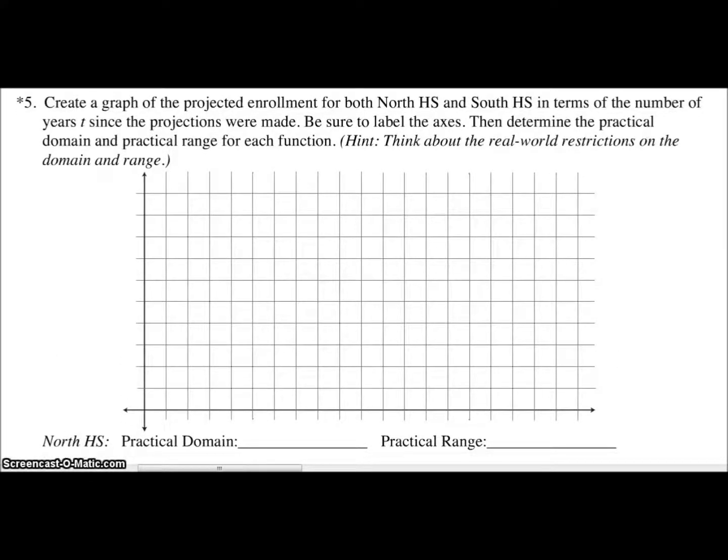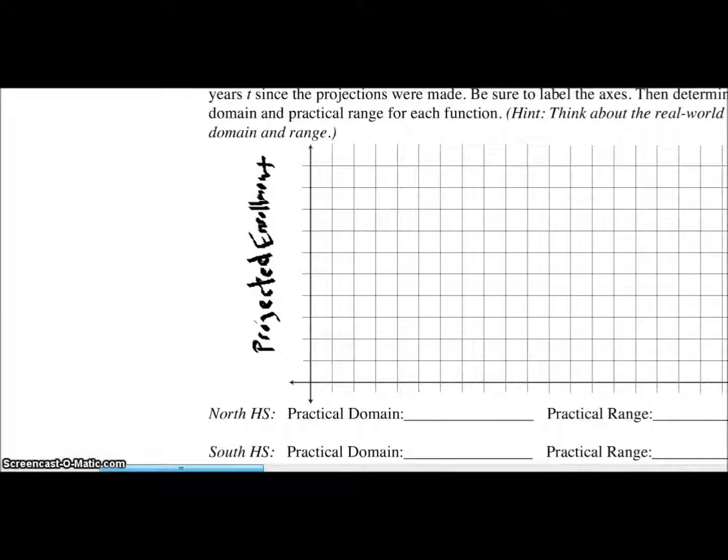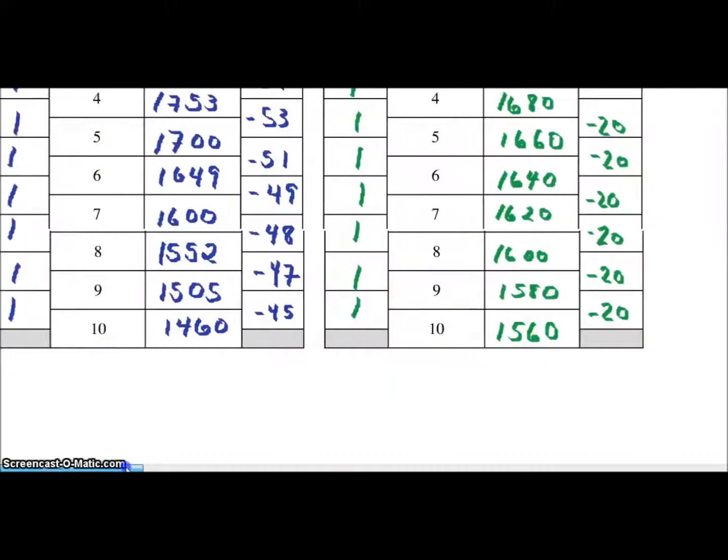Okay, so all we've got to do, let's see, this is going to be our t-axis here, time, and the y-axis will be the projected enrollment. And we just need to look at our graphs here. We have up to 10 years for each of these.